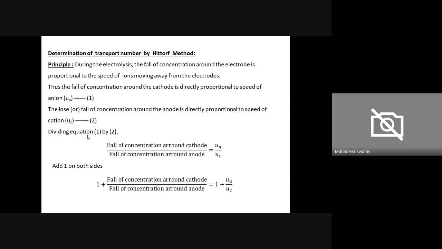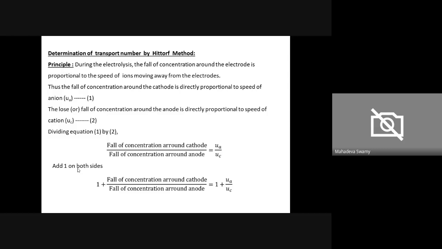Dividing equation 1 by 2, I will write it like this: fall of concentration around cathode divided by fall of concentration around anode equals UA divided by UC. Next, add 1 on both sides.